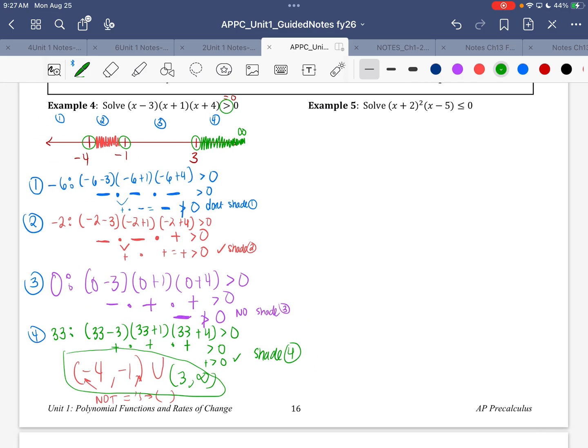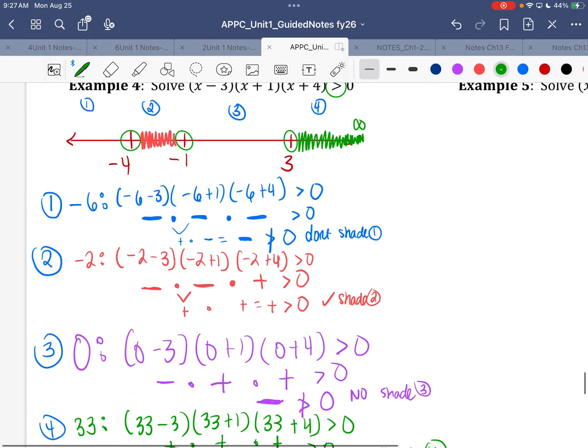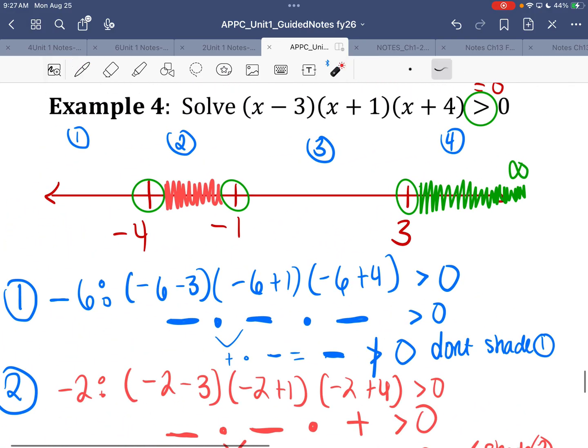Now, I said some of you are going to be able to figure this out once you figured the first interval was positive or negative, based on how the polynomial would look. So at negative 4, if I were to graph this, would I have kissed or crossed it? Crossed. How about at negative 1? How about at 3? They all were crossing. None of them were bouncing.